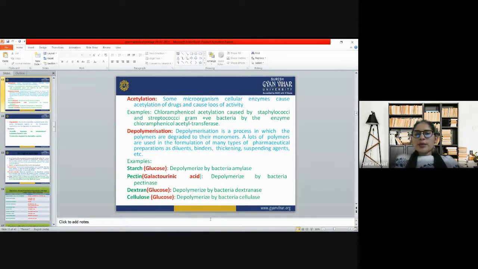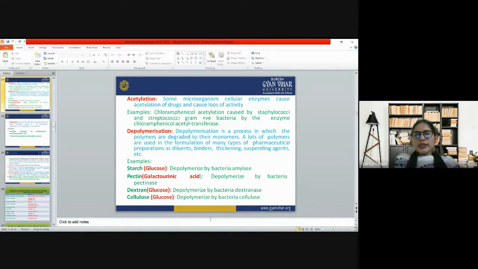Depolymerization is the process in which polymers are degraded to their monomers. A lot of polymers are used in the formulation of many types of pharmaceutical preparations as diluents, binders, thickening agents, suspending agents, and so on.